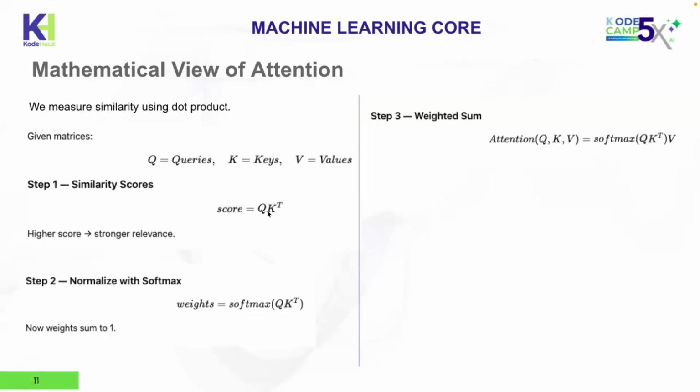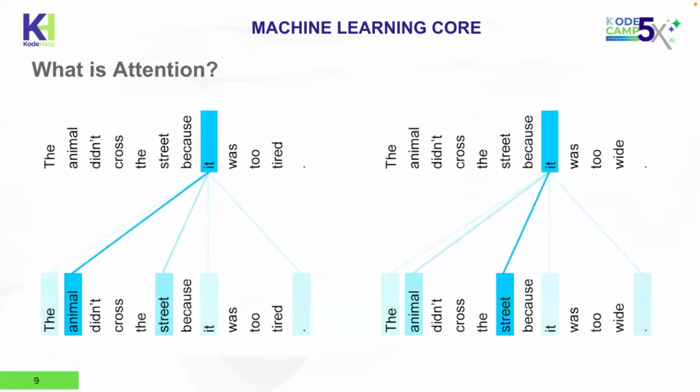So the similarity score is QK transpose. This is a dot product. For each of them, I'm also going to give some visual representation. A higher similarity score means a stronger relevance. So the one with a higher score is the deeper blue.